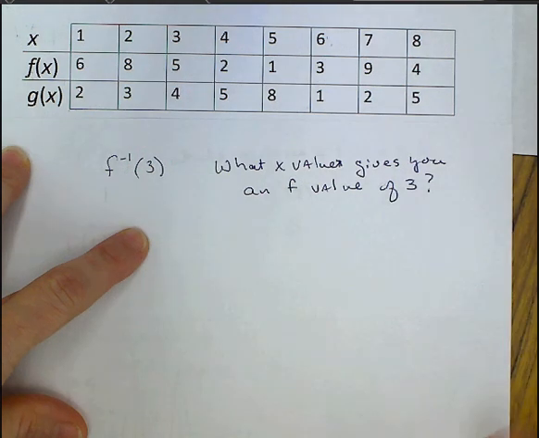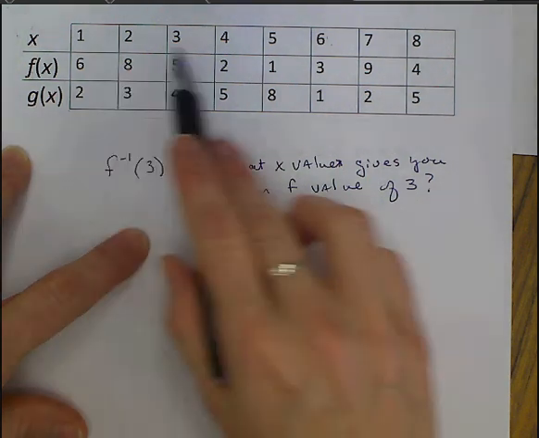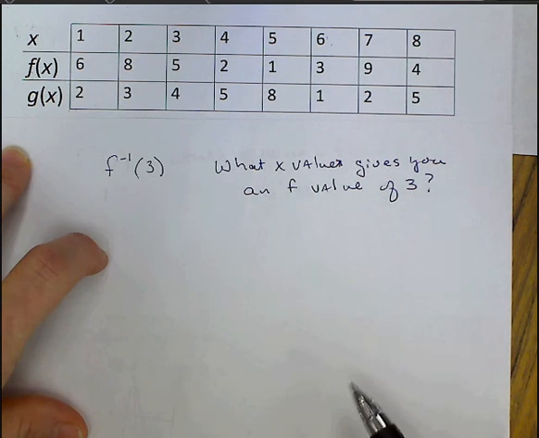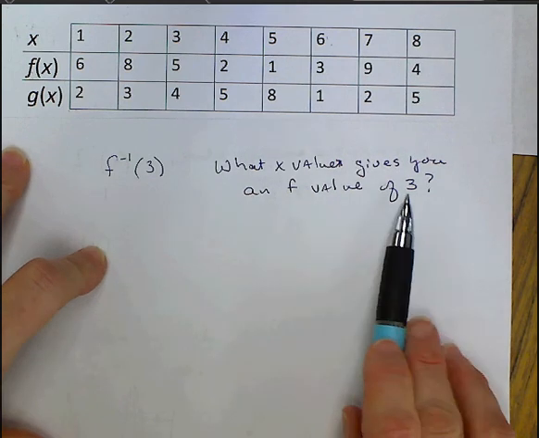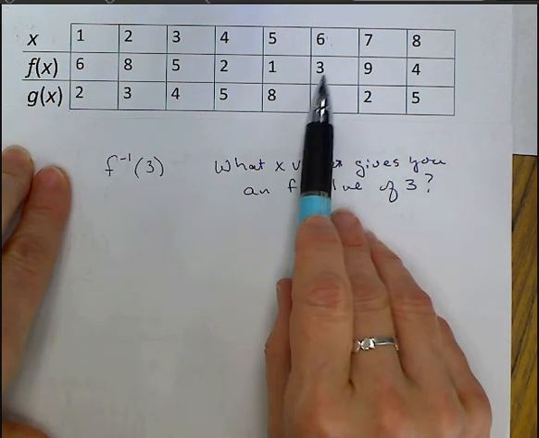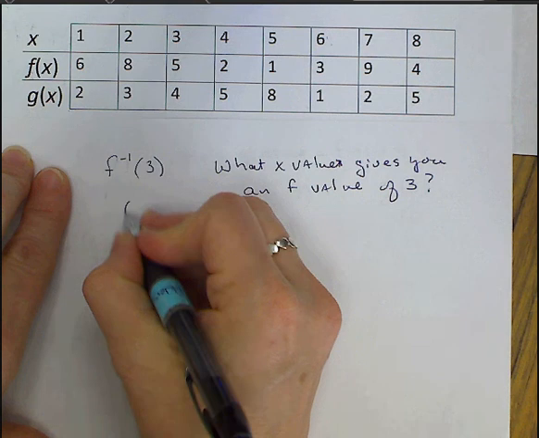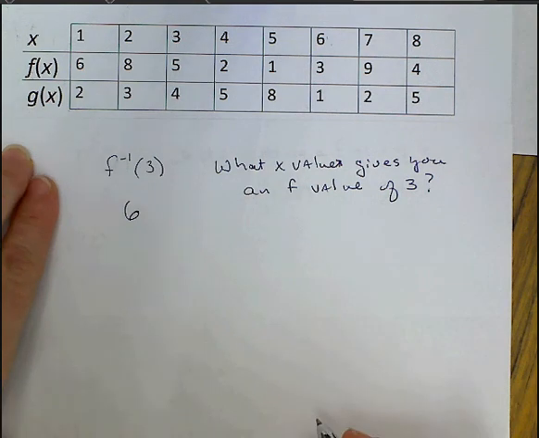That's what we're asking. What x value, so your output, your answer, is going to be one of these numbers along the top, an x value. Which one of those lines up with an f value of 3? Well, when f is 3, the x that gets you there is 6. So this output would be 6.